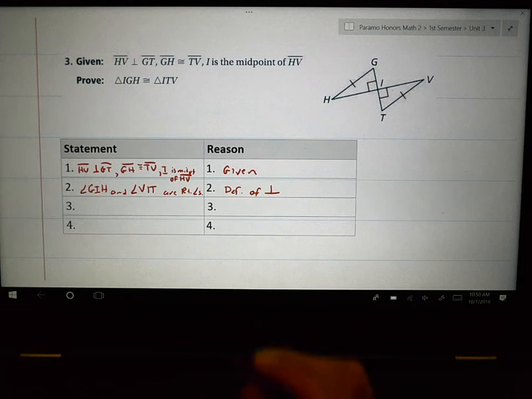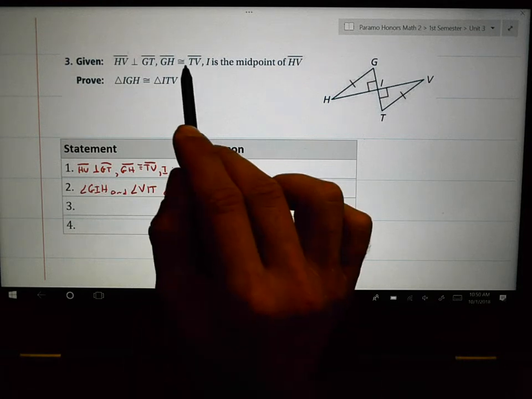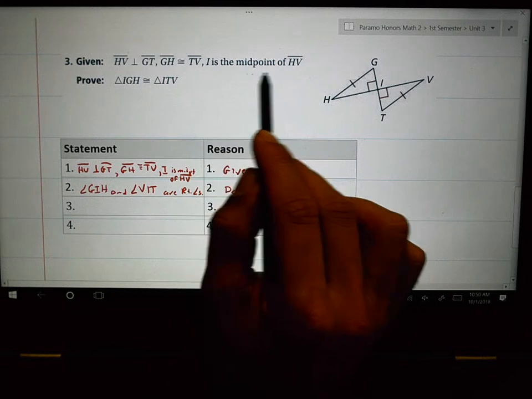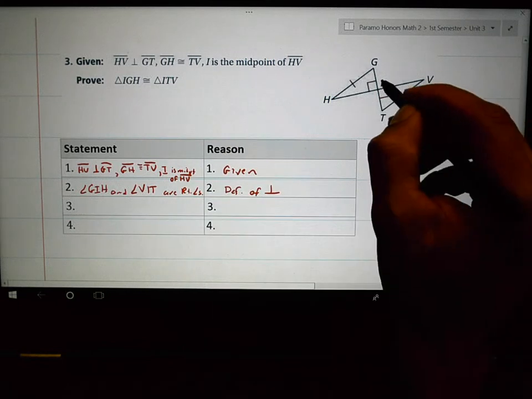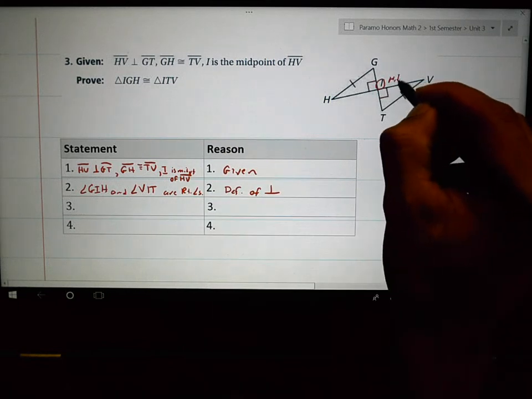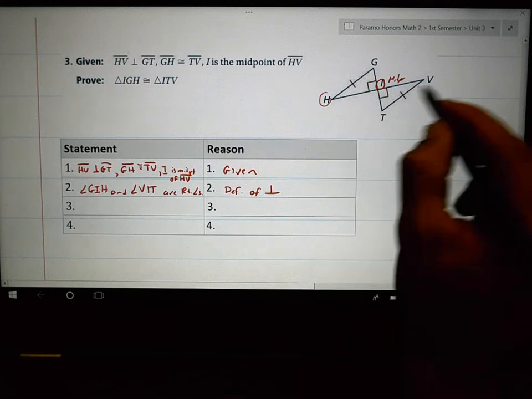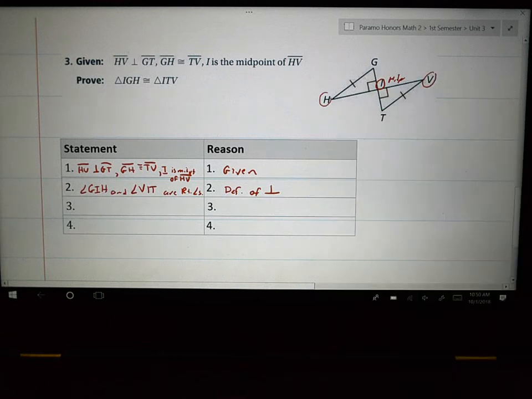Now the last thing that I see up here that they gave me is I is the midpoint of HV. Midpoint between here and here. If it's the midpoint, then I know that two pieces have to be congruent to each other. Which two pieces have to be congruent to each other?